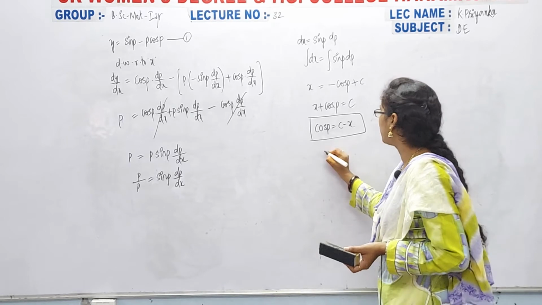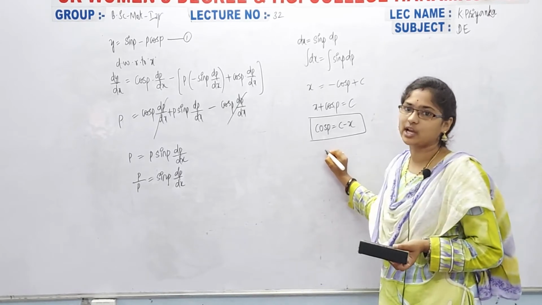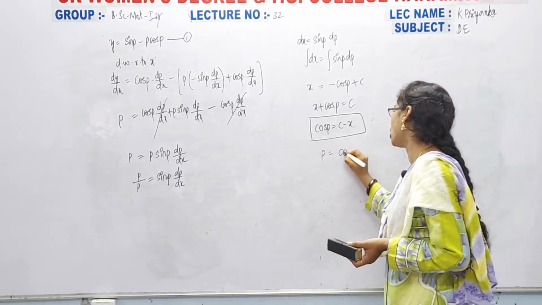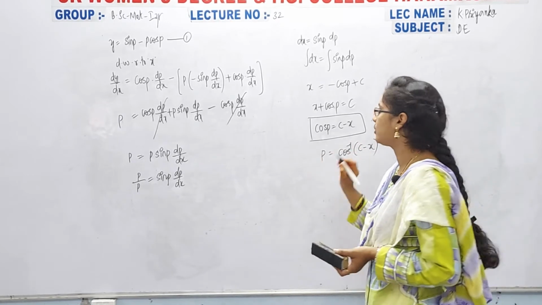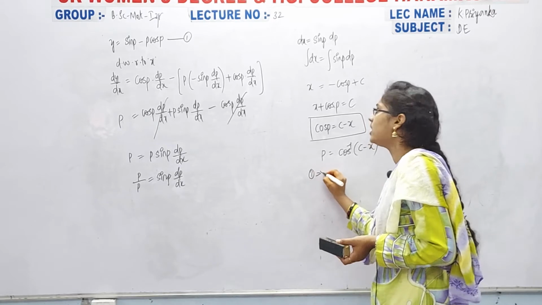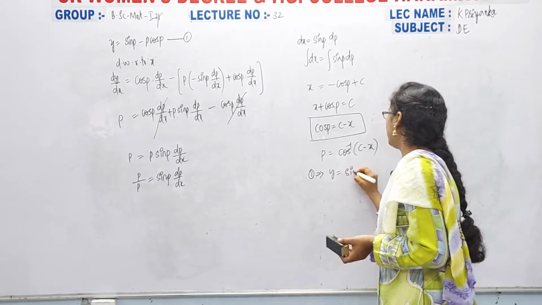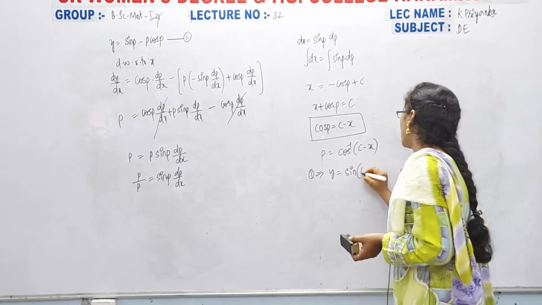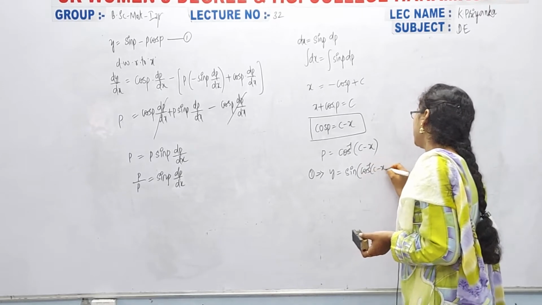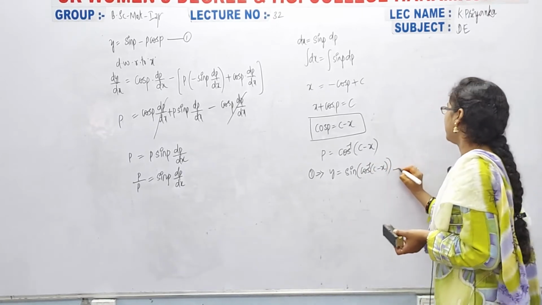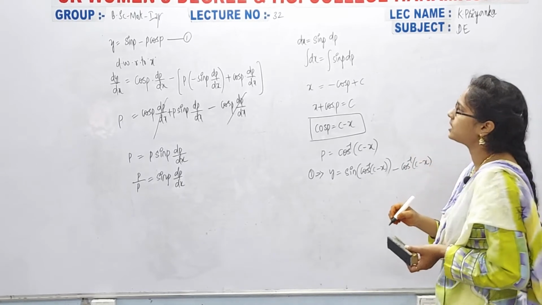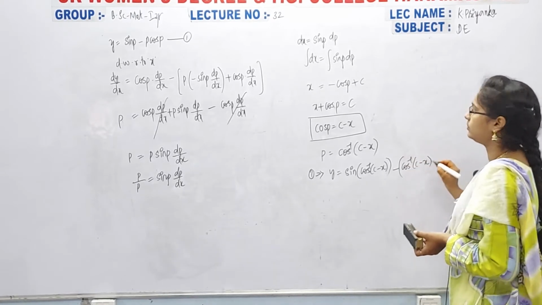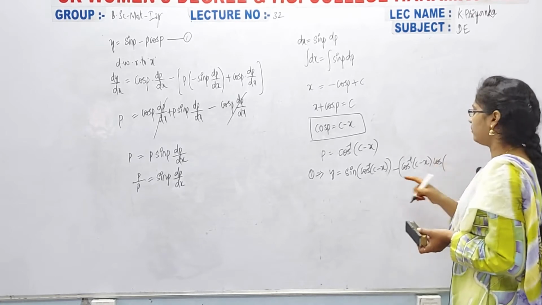So simply, from cos P equal to C minus x, I apply the cos inverse, then P is equal to cos inverse of C minus x. Now just substitute this P value in equation 1. From equation 1, y is equal to sin P minus P cos P. What is P here?